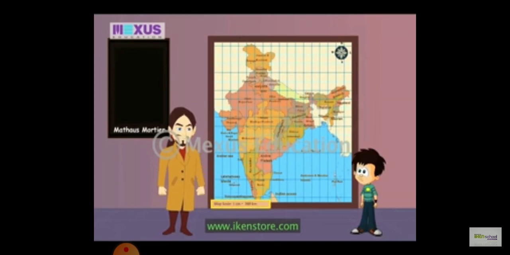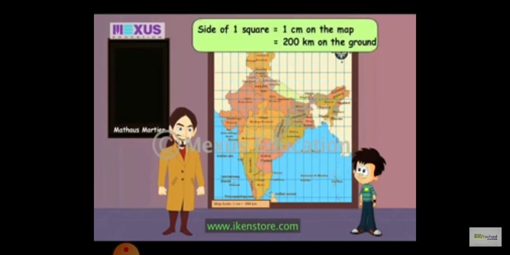The scale is 1 centimeter is equal to 200 kilometers. This is called a map scale. Matt, what's a map scale? This means that 1 centimeter on the map is equal to 200 kilometers on the ground.